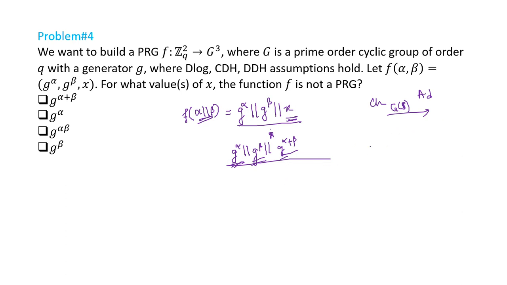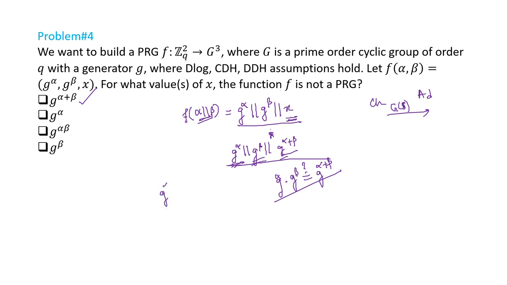It can take the first part, take the second part, multiply them, and check whether it is equal to the third part or not. That is the strategy of the adversary to differentiate it from the uniform random string. So this will not be a PRG, so it is a correct answer.